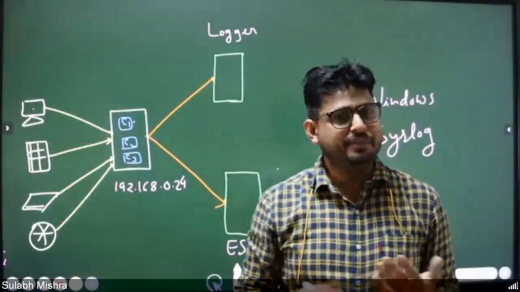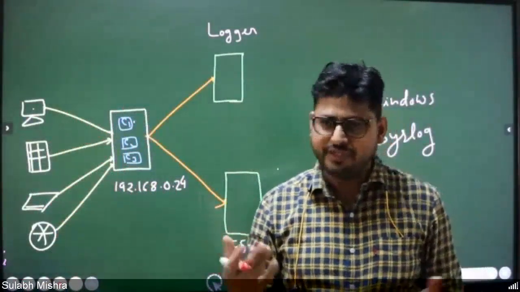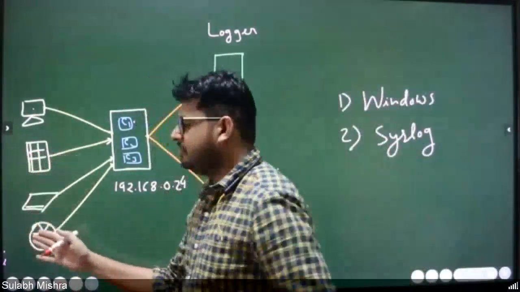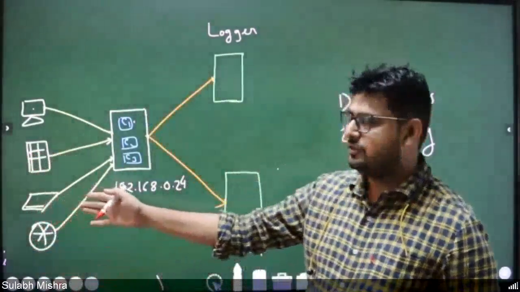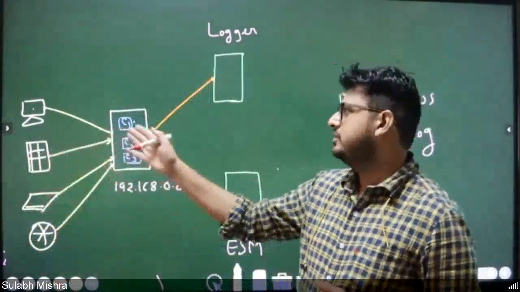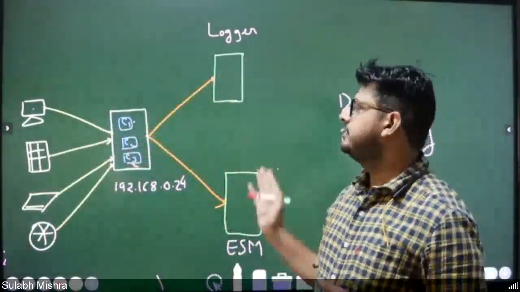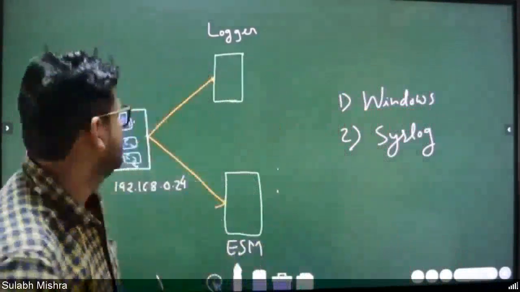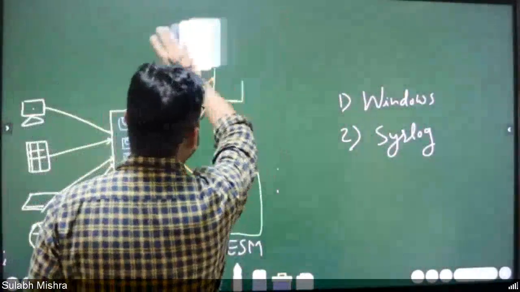Now we'll understand how to integrate syslog devices like firewalls, routers, switches and Linux devices with ArcSight and get the logs in the Logger and ESM. Let me clean this up.